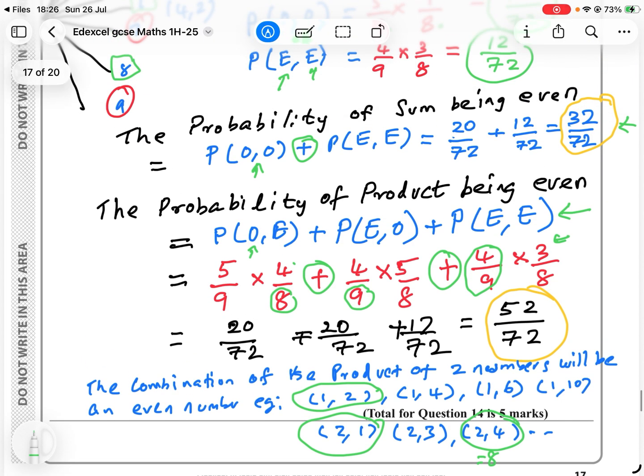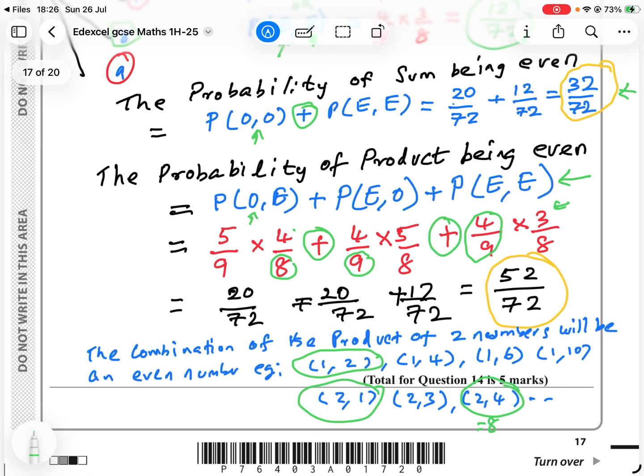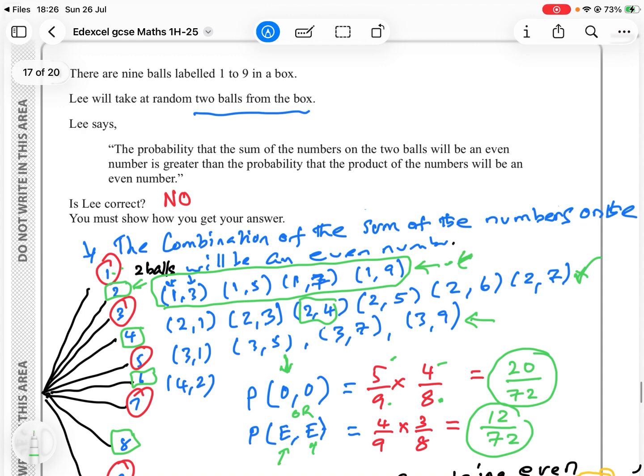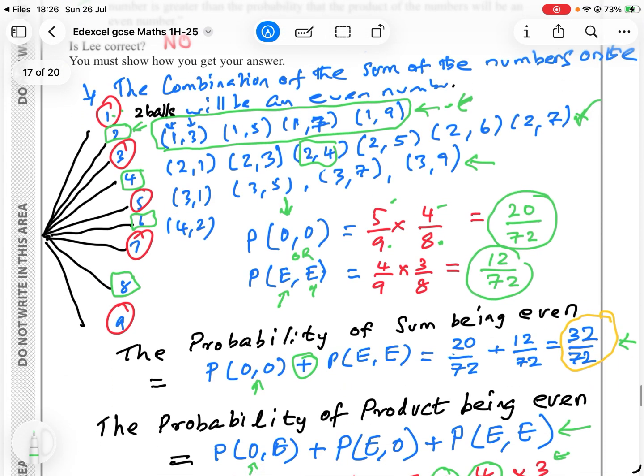So look at here. The probability of the sum being even is 32 over 72, but the probability of the product being even is 52 over 72. So this is bigger than that. So the statement says the probability that the sum of the numbers on the two balls will be an even number is greater than the product.